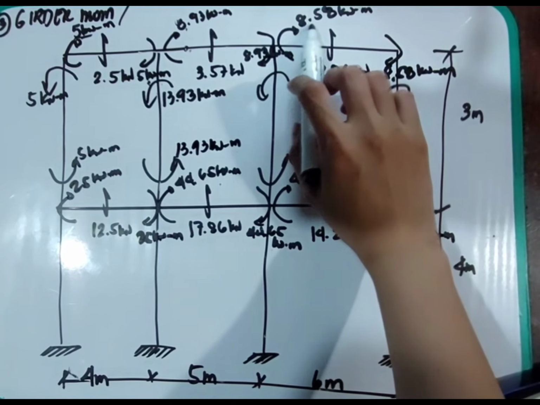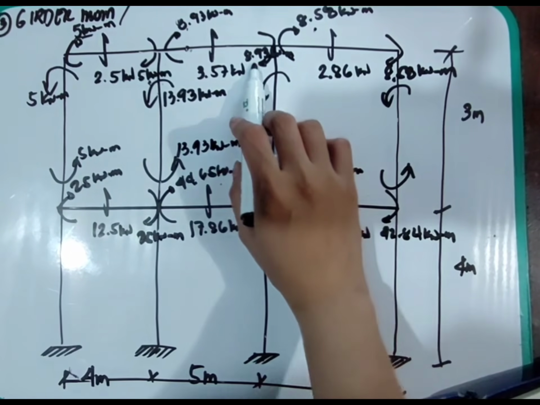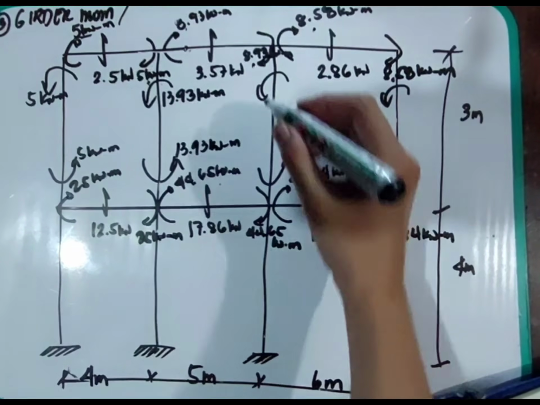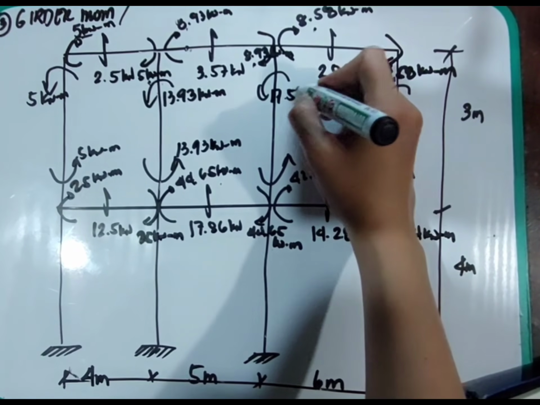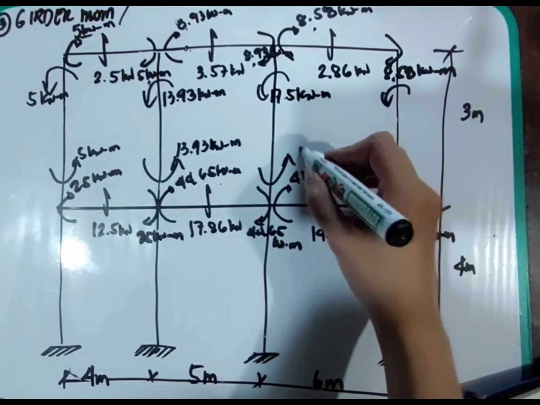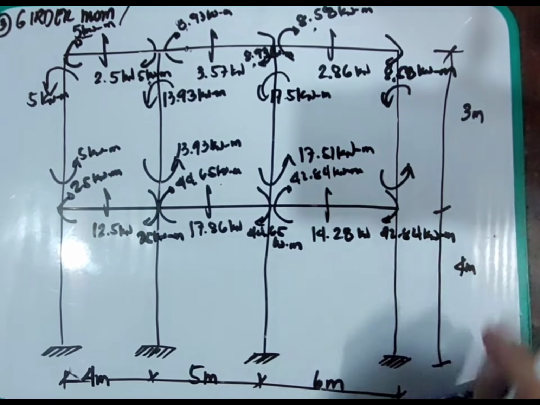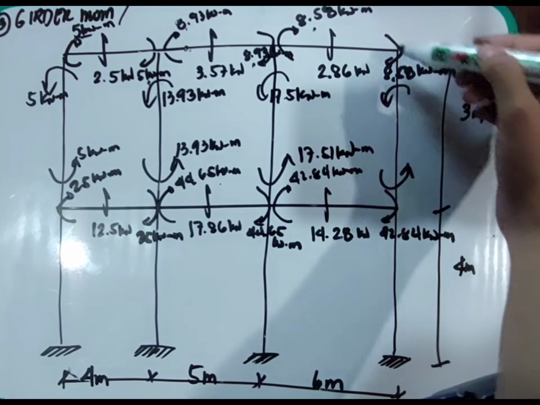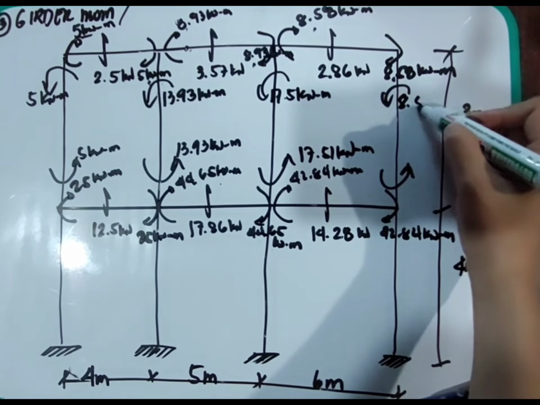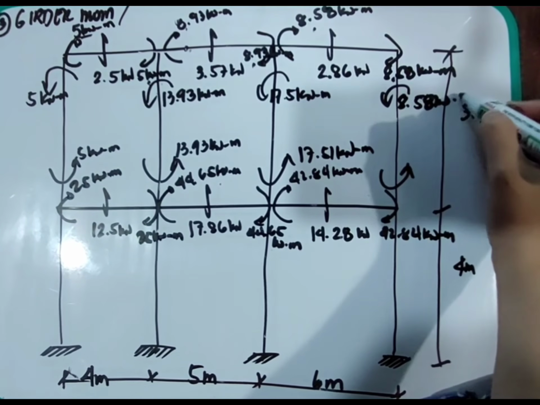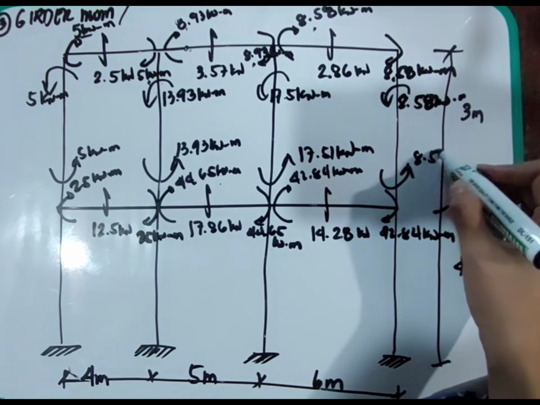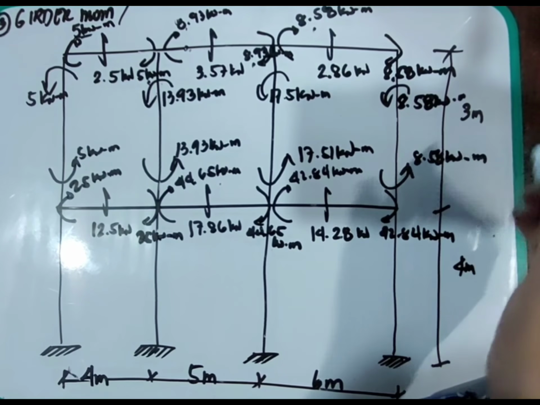Okay, next, we have 8.58 plus 8.93. So, that is 17.51 kilonewton meter. Next, we have 8.58. Ang rotation yan is equivalent din dito. 8.58 kilonewton meter.